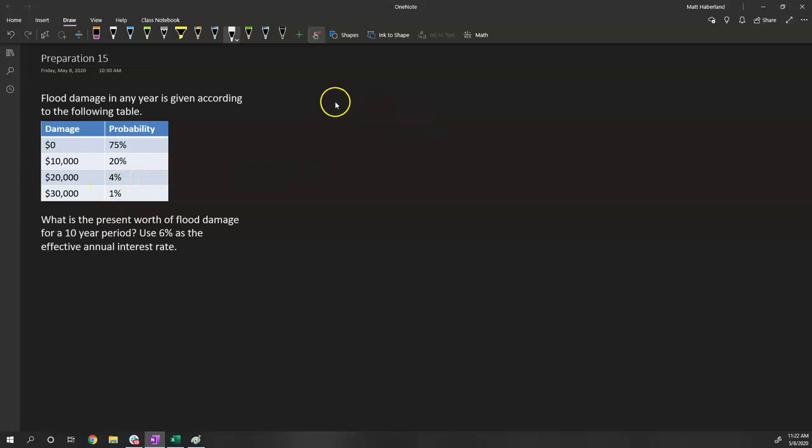So we've got a 75% chance that cash flows are going to look like, here's our line, from 0 to, we've got a 10-year period, and we've just got nothing, no cash flows, so nothing. There's a 20% chance that the cash flow in each year looks like 10,000, so a little bit.